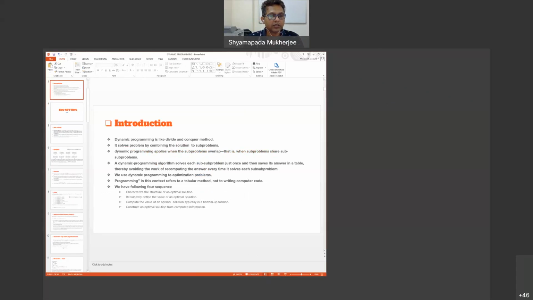We need to see whether a problem is satisfying some properties or not. Before applying dynamic programming, we need to follow 4 basic steps to construct a solution. First, characterize the structure of an optimal solution. Dynamic programming is used for solving optimization problems, so there will be some mathematical expression or representation of the problem.